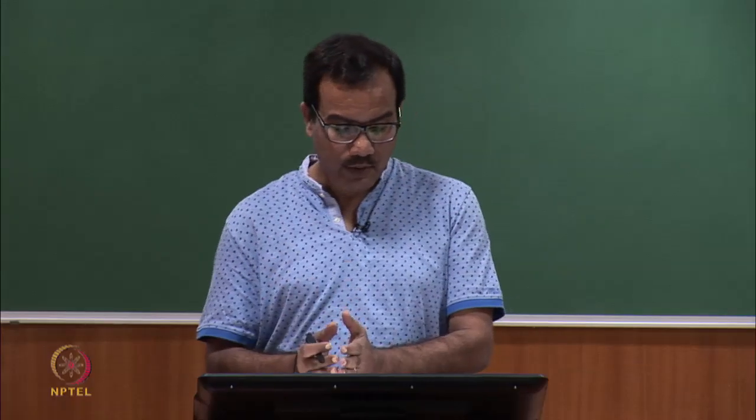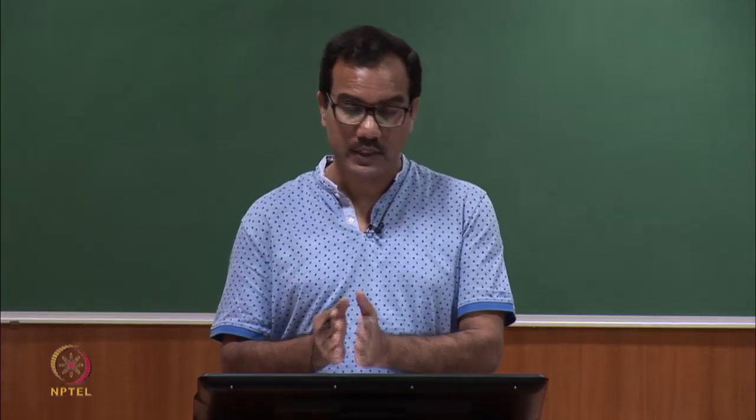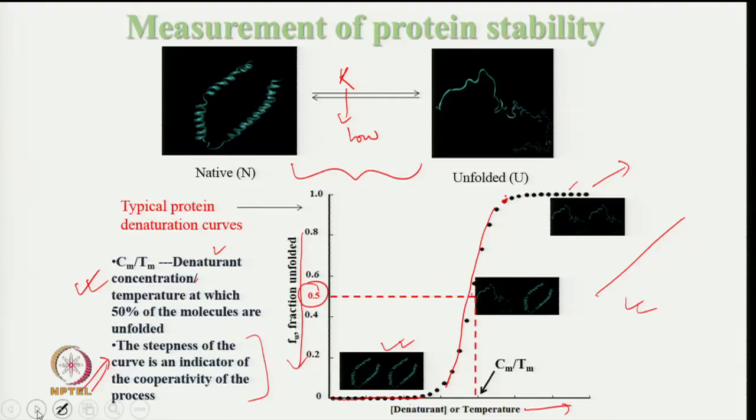So, one of the criteria is your Cm or Tm. If Cm and Tm are large, it means the protein is more stable, but the more important parameter is delta G, because delta G tells you whether a process is spontaneous or not.